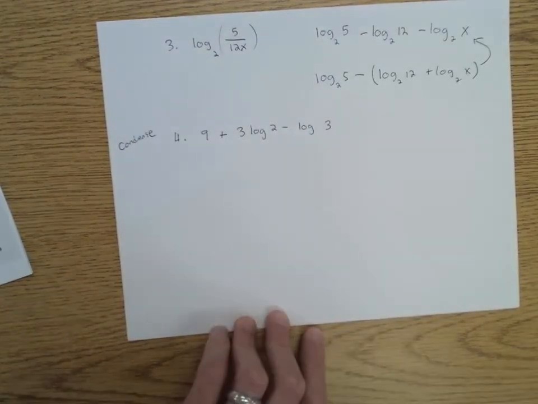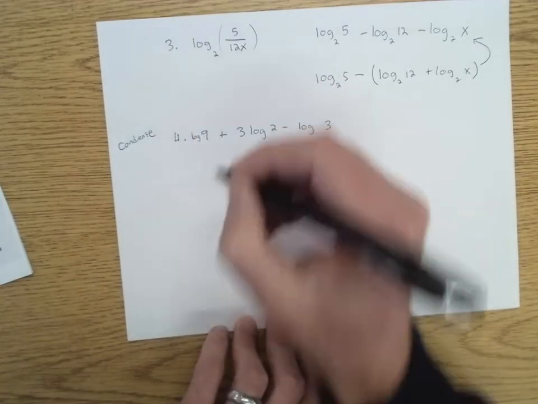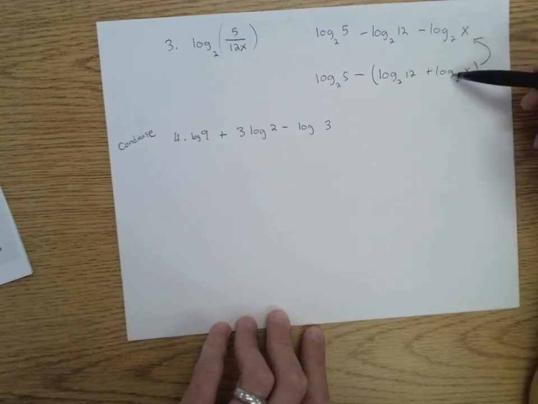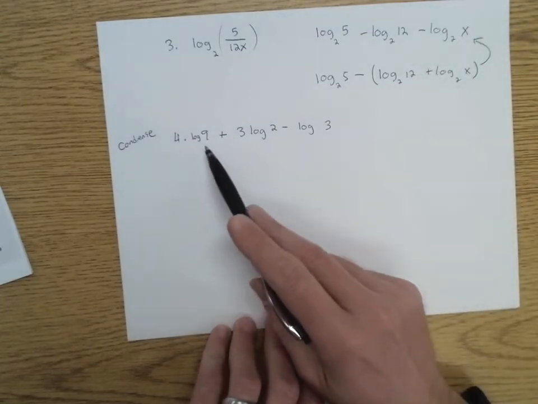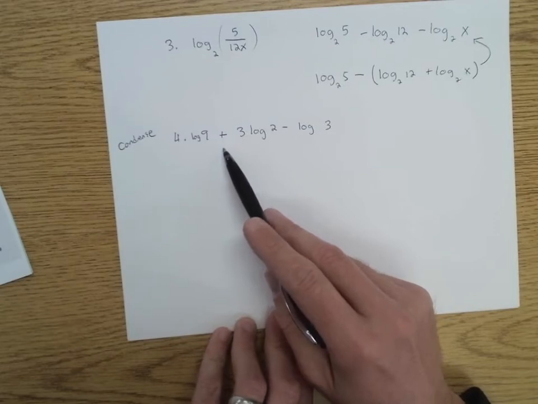So what we're going to do is combine it so that it's all, and I forgot to write log, that should be log of 9. It should just be one log when we finally write our answer. Now, just like we talked about up here, if the term is positive, then it's going to be in the numerator of the fraction. If the term is negative, it's going to be in the denominator.